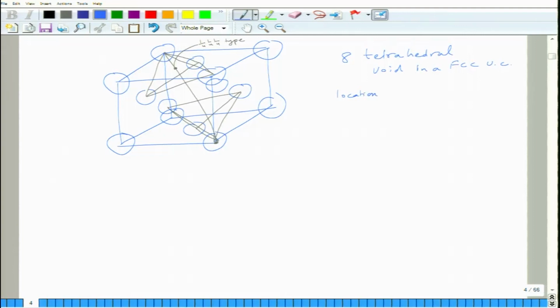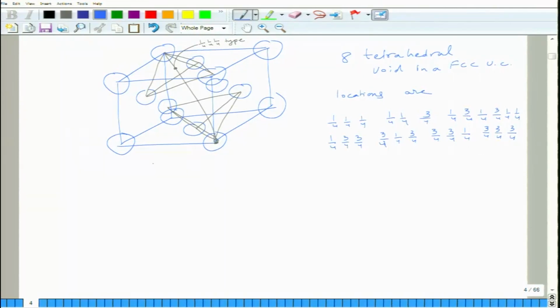Locations are 1 by 4, 1 by 4, 1 by 4, 1 by 4, 1 by 4, 3 by 4, what else? 1 by 4, 3 by 4, 1 by 4, and 3 by 4, 1 by 4, 1 by 4, and then you will have 1 by 4, 3 by 4, 3 by 4, then 3 by 4, 1 by 4, 3 by 4, and then 3 by 4, 3 by 4, 1 by 4, and then 3 by 4, 3 by 4, 3 by 4. These are the 8 locations that you will have.